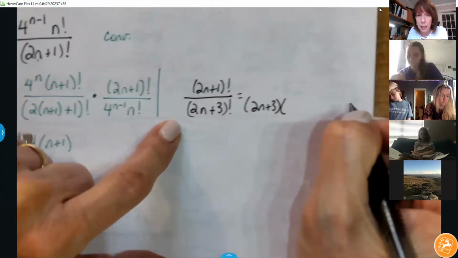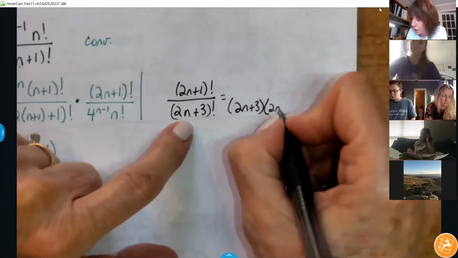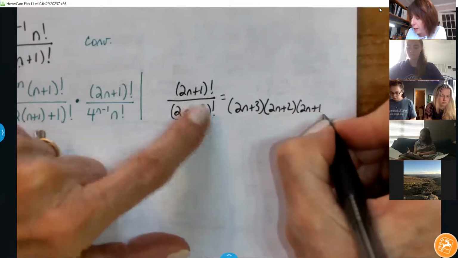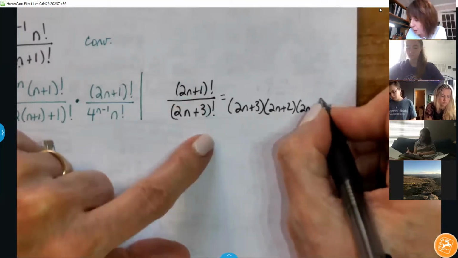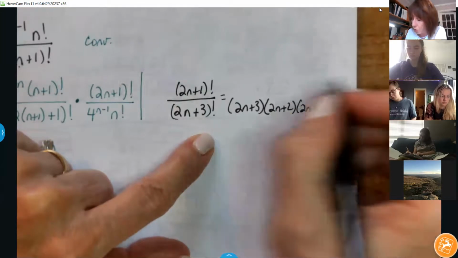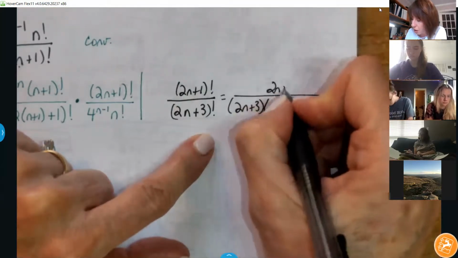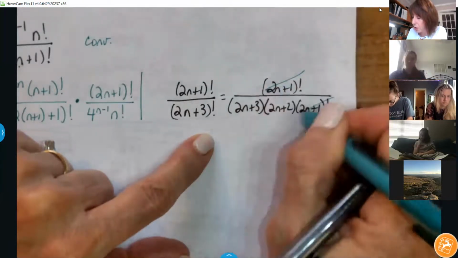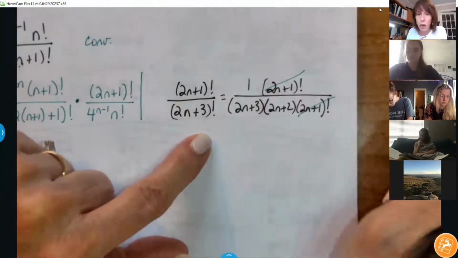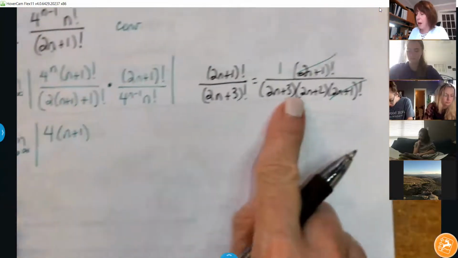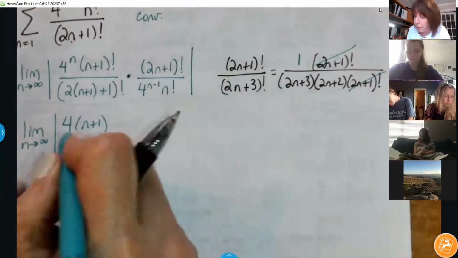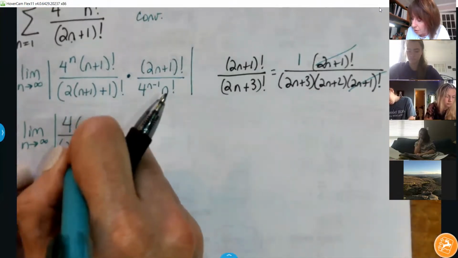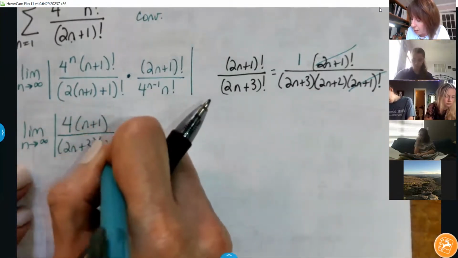And I'm going to write the next lower term, 2n plus 2. And then 2n plus 1. And I recognize that's the same thing I have on top. So I stop, make that a factorial. And I know that's going to reduce like that. So I just have 1 on top and this on the bottom. So I'm going to come back to my other piece. I just have that on the bottom. So 2n plus 3, 2n plus 2.